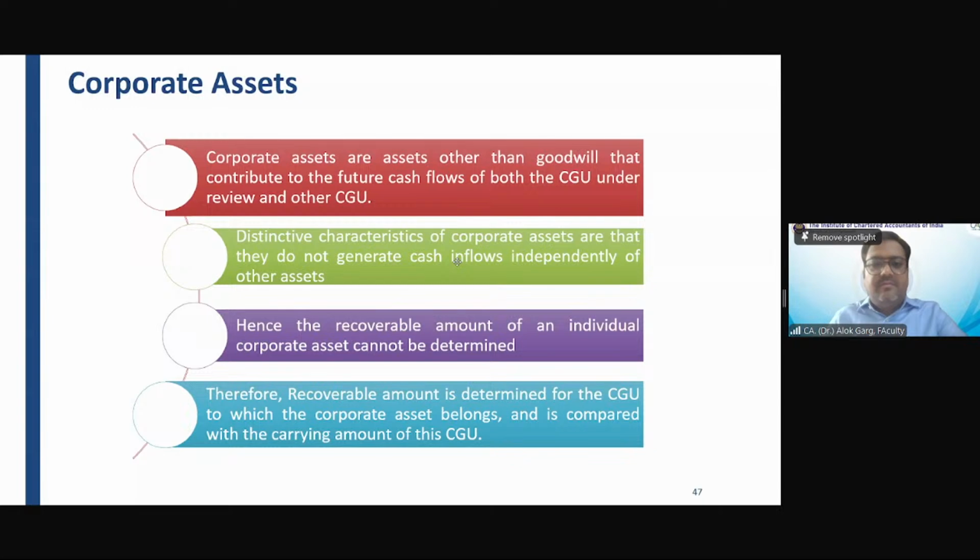Yes. So corporate assets are assets other than goodwill that contribute to the future cash flows of both the CGU under review and other CGU. But this corporate asset, like a corporate building, is a cost center and does not have its own recoverable value in terms of value in use.